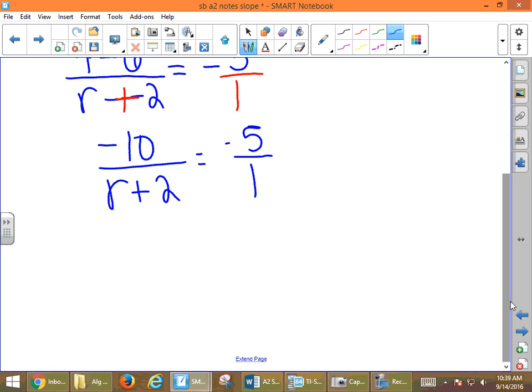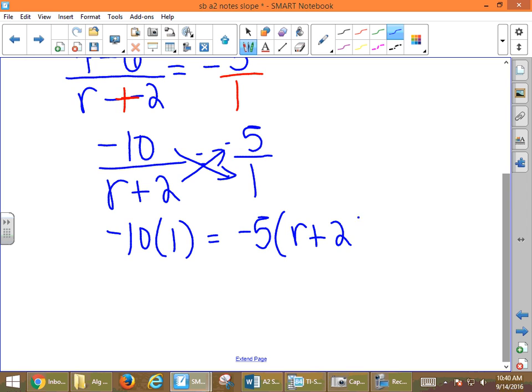And let's cross multiply to solve. Negative 10 times 1 equals negative 5 times r plus 2.